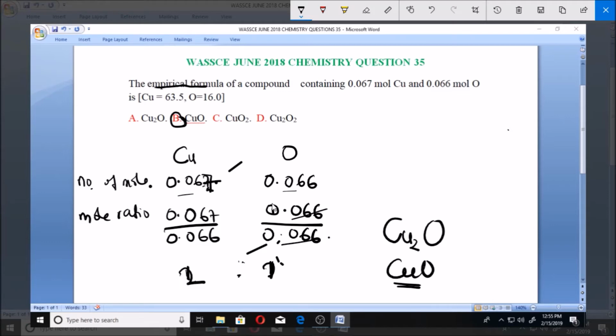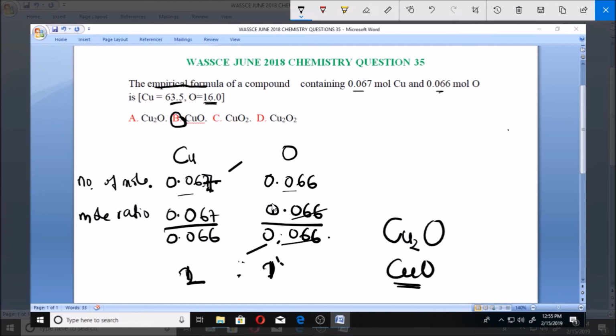Whenever you want to calculate the empirical formula, it has to be the mole ratios. If you're given masses, then you're supposed to use these atomic masses to calculate the number of moles. But the number of moles is already given, so you don't need to use them for this calculation.